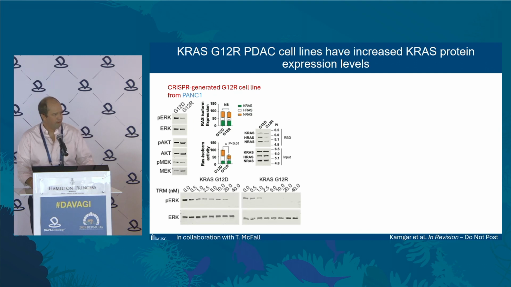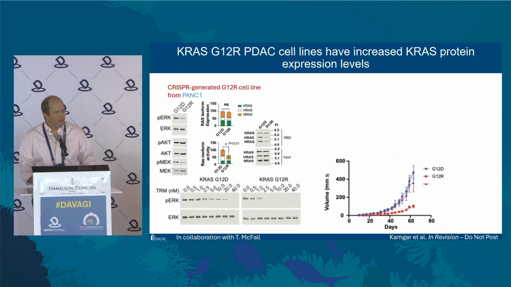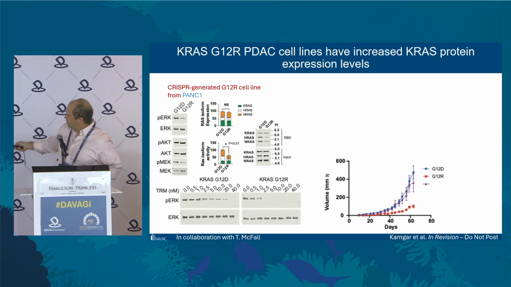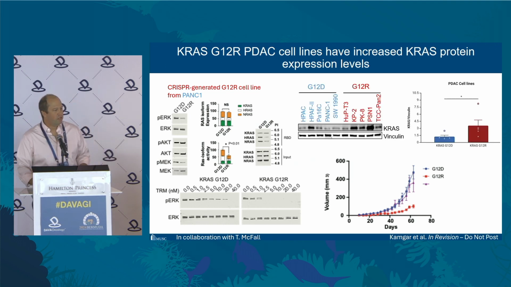Because of that, there is less total active RAS, all 3 isoforms, and that makes them more sensitive to the trametinib inhibitor, a MEK inhibitor, again supporting the observation by Bach-Ardalan at Miami. And because of that inability to activate all 3 PI3K isoforms, in mouse tumors, where we do a xenograft model, the G12R version is unable to drive those tumors.